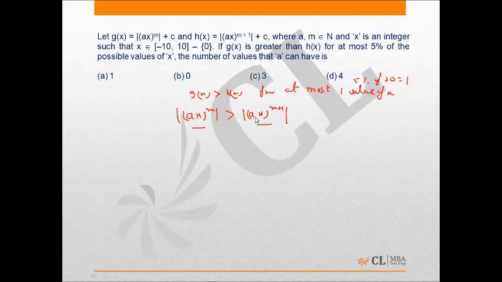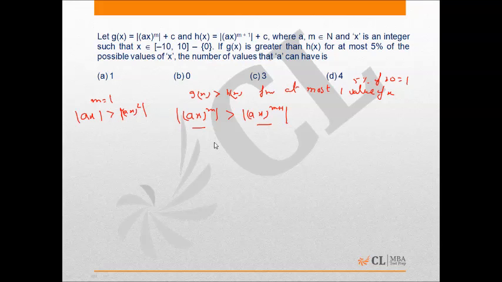This happens only if the number which I am multiplying is a number which is less than 1, right? For example, if you put m equal to 1, let's say, |ax| is more than |ax^2|. So I am multiplying this by ax, still I am getting a lesser value.